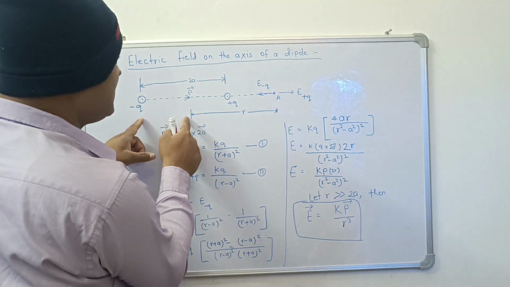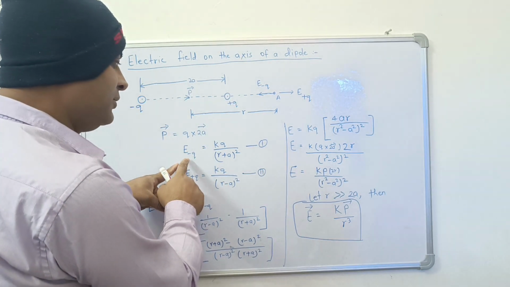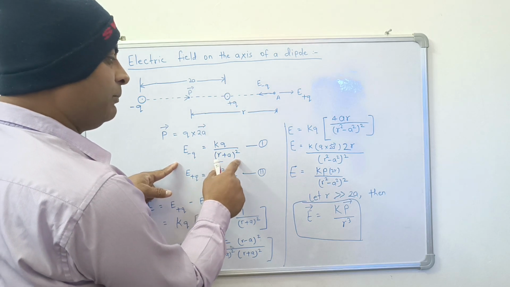So the electric field due to minus Q is kQ upon (r plus a) squared.